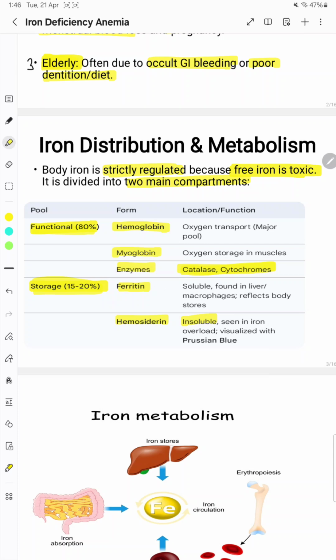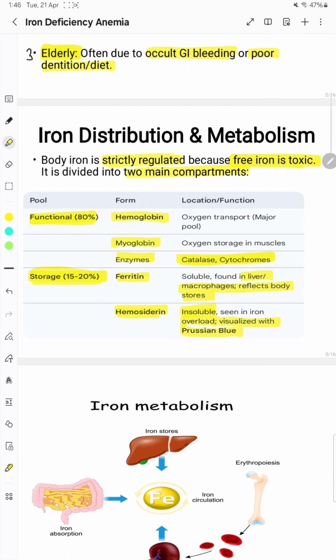Ferritin is a soluble storage form of iron present in liver macrophages, and this is the primary source of iron store. Hemosiderin is insoluble, normally seen in iron overload, and this can be visualized with the help of Prussian blue stain.